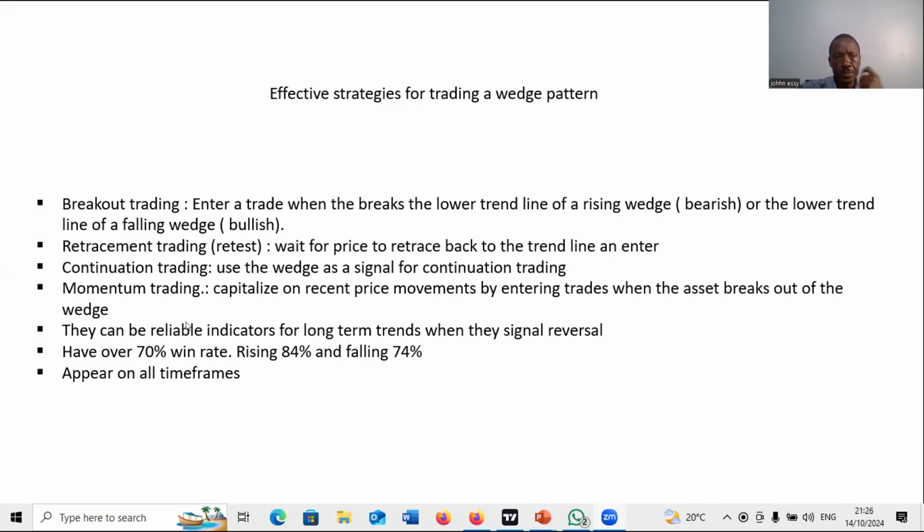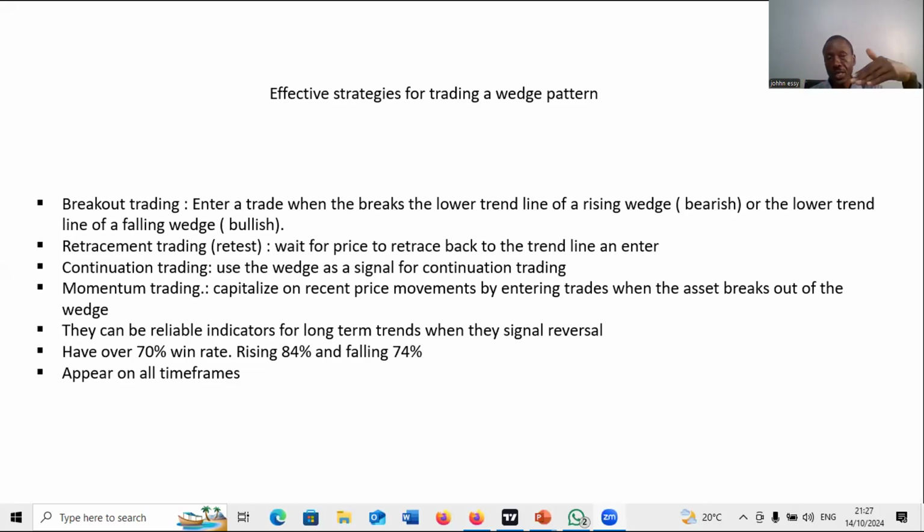So what we have to know is that these wedge patterns are very, very reliable patterns which show a reversal signal. When we use it for reversals, especially when you get a rising wedge on an uptrend, that will tell you that we are going to have a reversal downward.